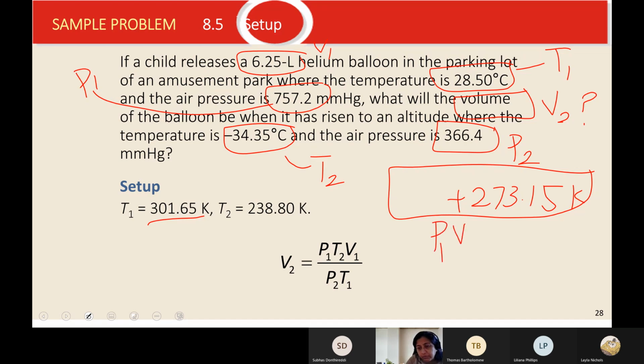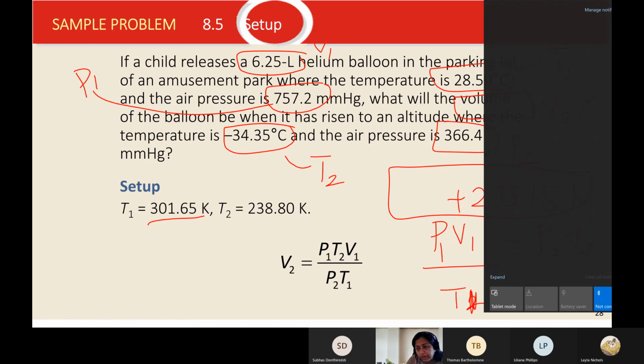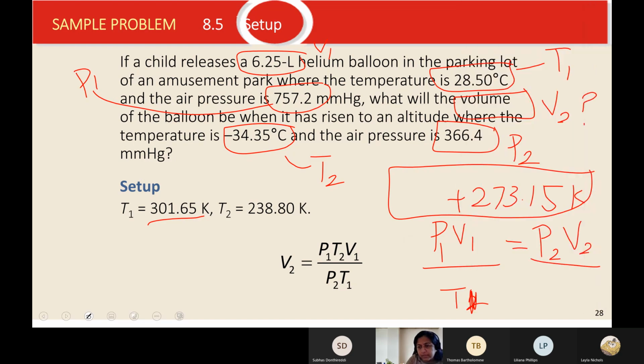P1 V1 over T1 equals P2 V2 over T2. Now you are looking for this V2. If I rearrange this equation, V2 equals P1 multiplied by T2 multiplied by V1, divided by P2 multiplied by T1.